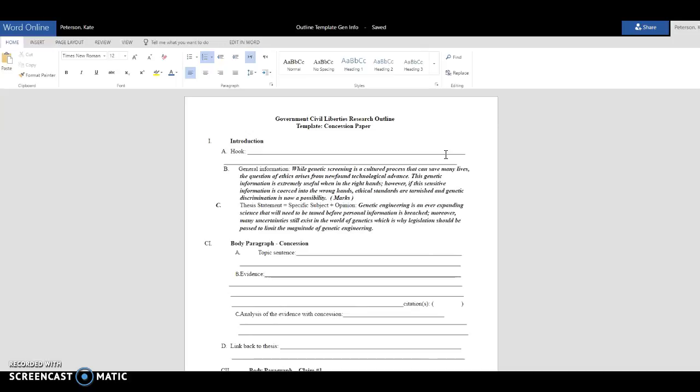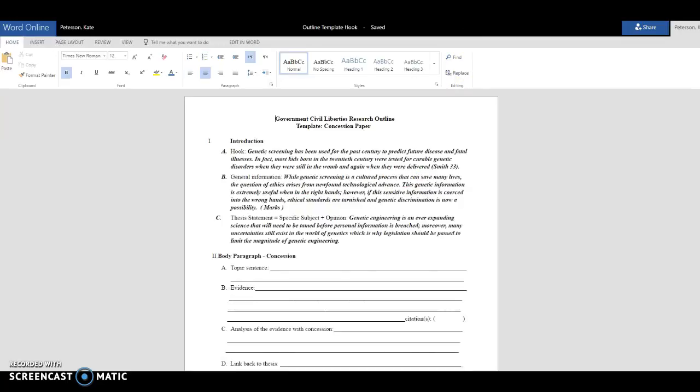So you need to provide enough information that they can understand what you're talking about and can understand the details in your body paragraphs. Oftentimes this particular section of information is cited because it comes from a particular source. So don't forget to do that citation.